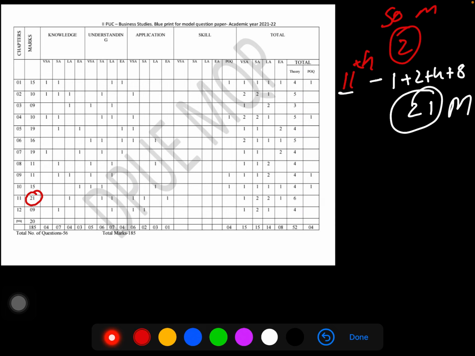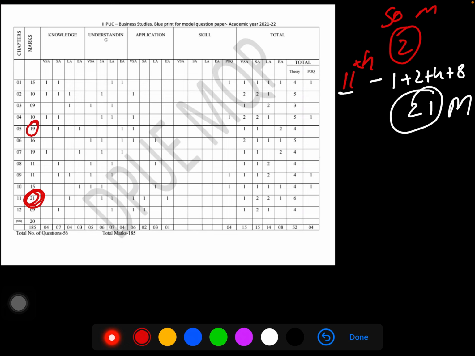Can you see here, 21 marks which I marked from the 11th chapter. Then you see one more chapter with more weightage: this 19 marks, which you will get by reading the 5th chapter.